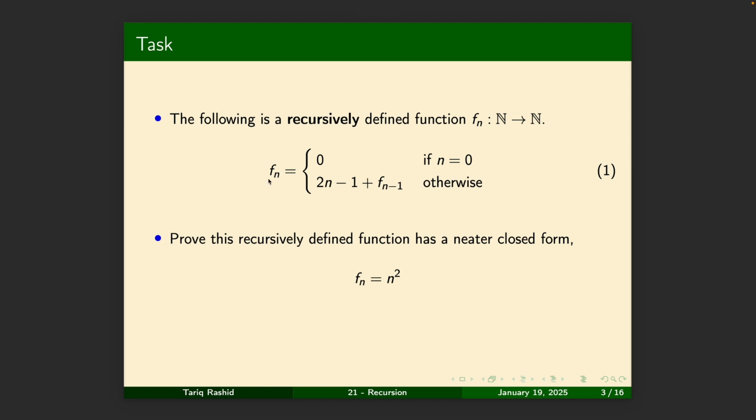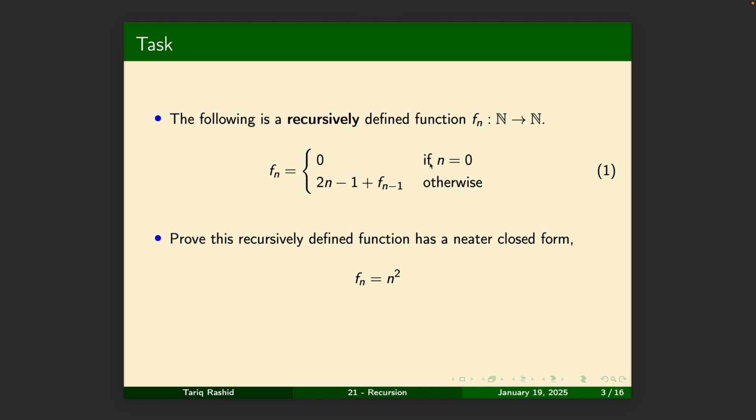So this f(n) is a recursively defined function that takes a natural number and outputs a natural number. It maps from naturals to naturals. And this thing may be unfamiliar if you've not seen it before. It's a way of assigning values, deciding what the output is, by giving some rules.